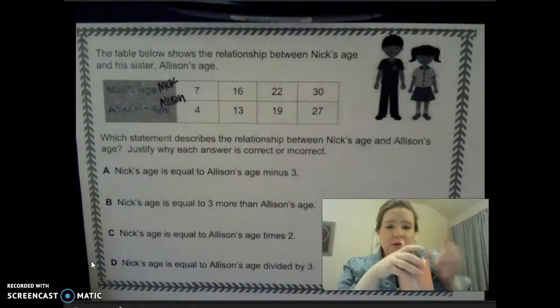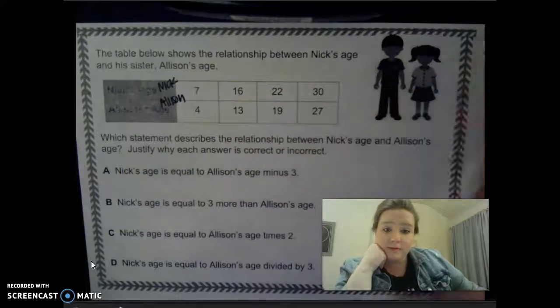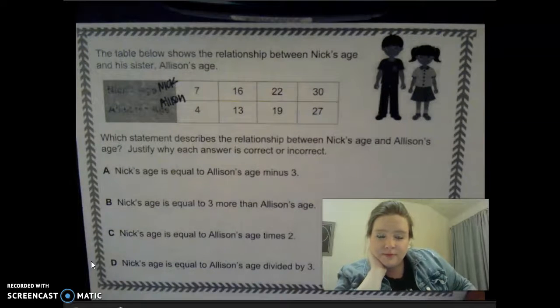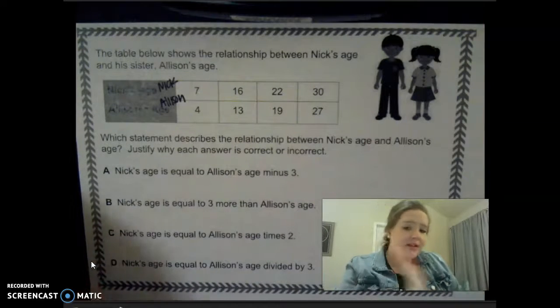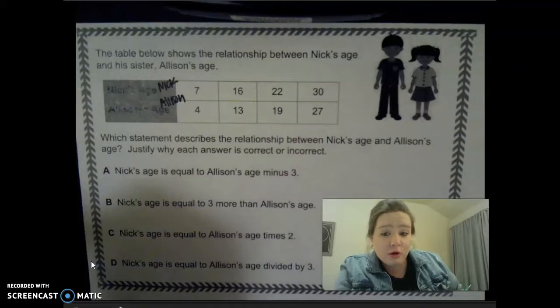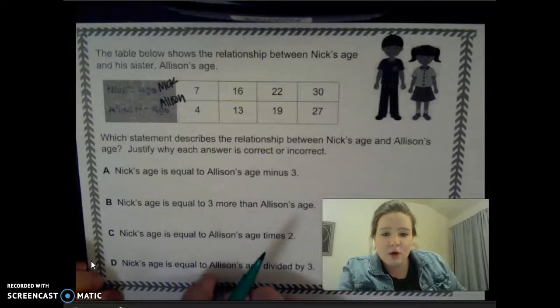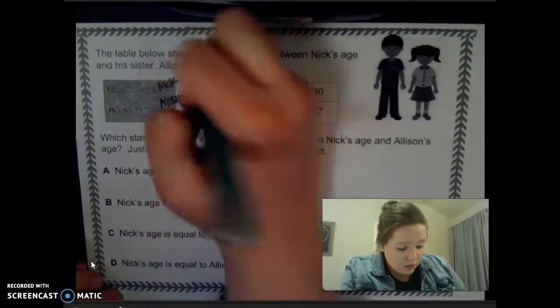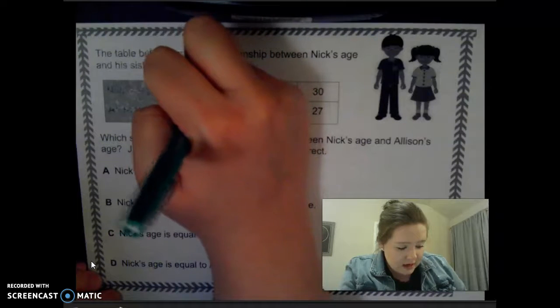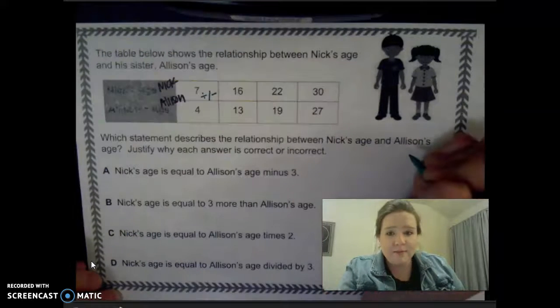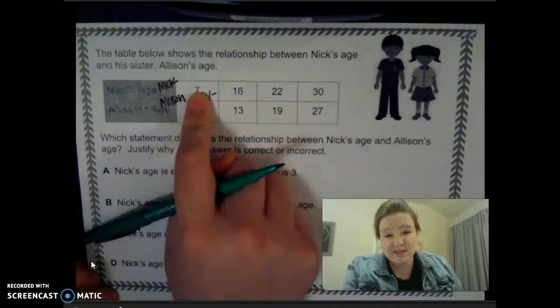What is happening between Nick's age and Allison's age? Yes, I heard some of you say that. Your number is getting smaller. Okay? My number is getting smaller. So I'm going to either be dividing or subtracting. Well, subtraction's easy, Mrs. Garza.